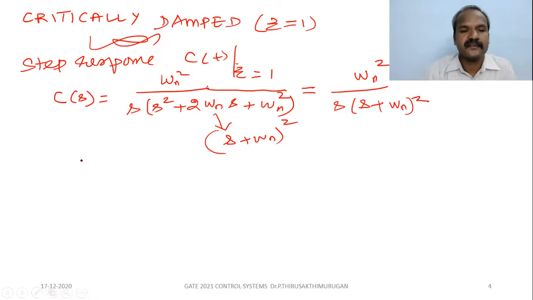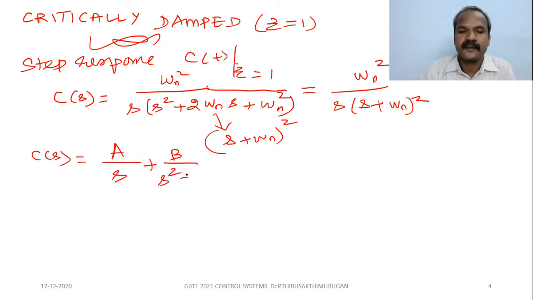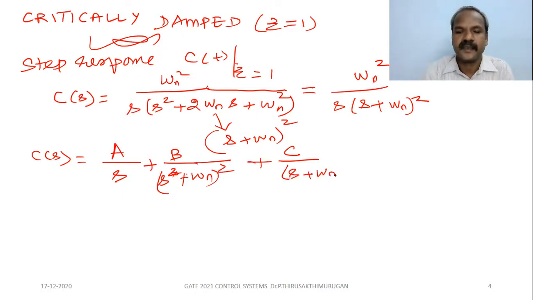So again, as usual, we apply partial fractions. So C of s equal to A by s plus B by the square term, s plus omega n the whole square, and another is the first order term, s plus omega n.